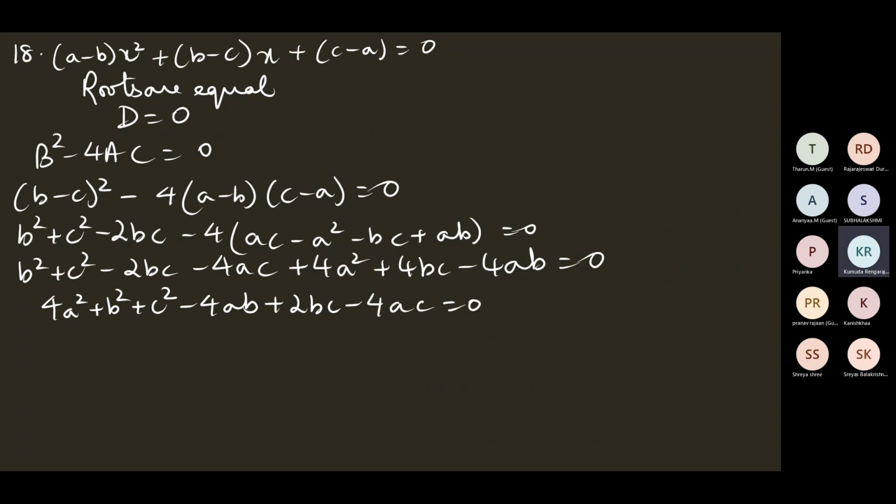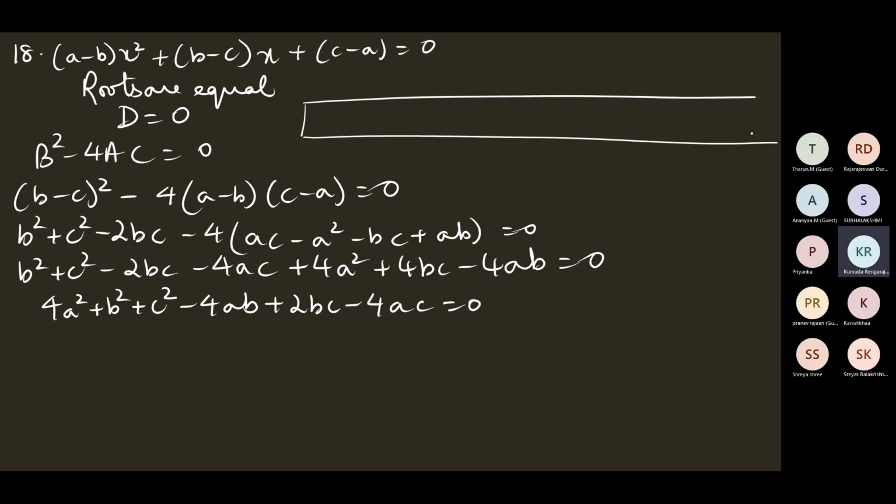There are 3 perfect squares here, children. 4a square plus b square plus c square. So this should remind you of the identity x square plus y square plus z square plus 2xy plus 2yz plus 2xz is equal to x plus y plus z the whole square. 9th standard. The identity you need to recall from 9th standard is this one.